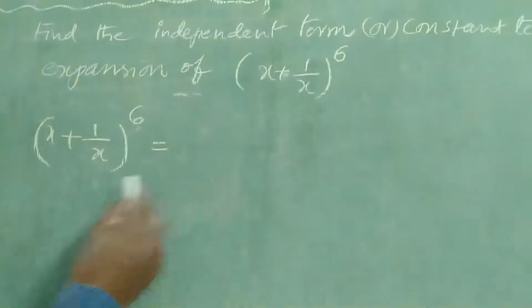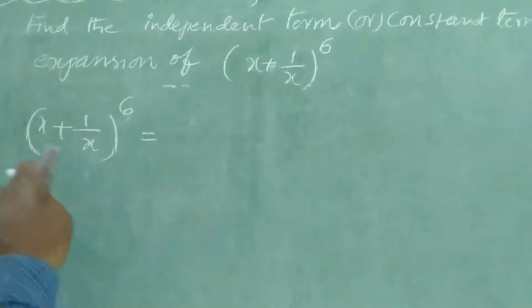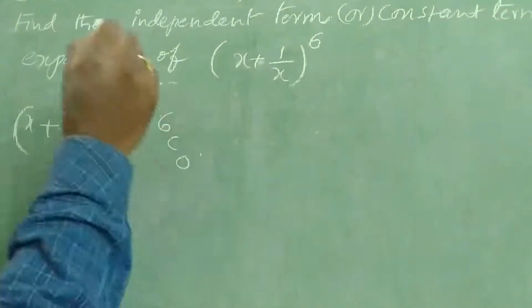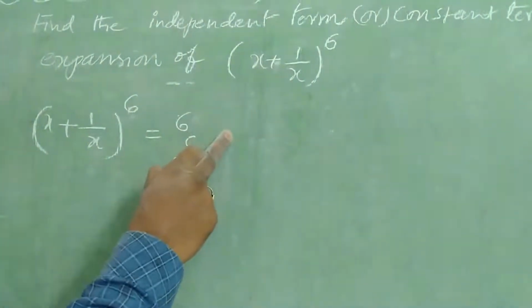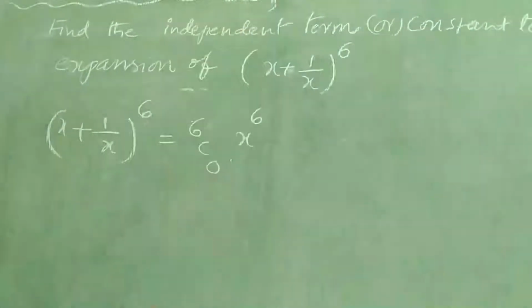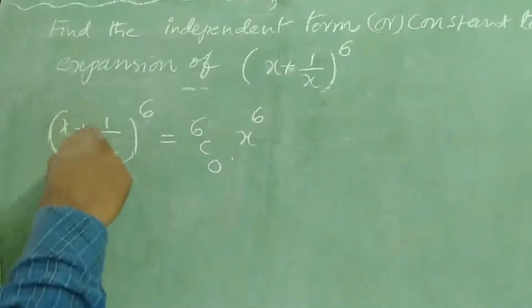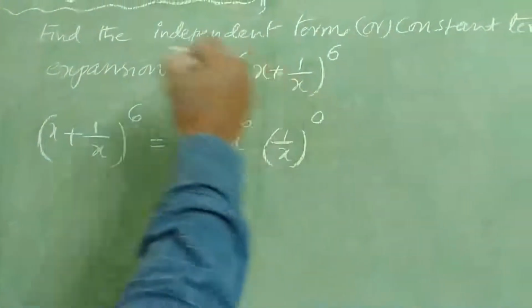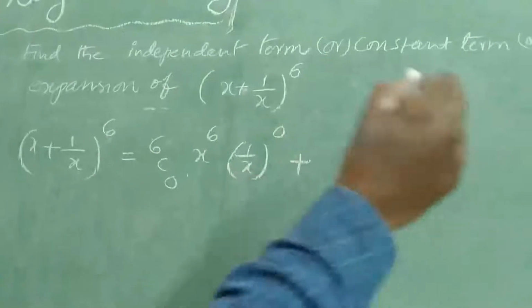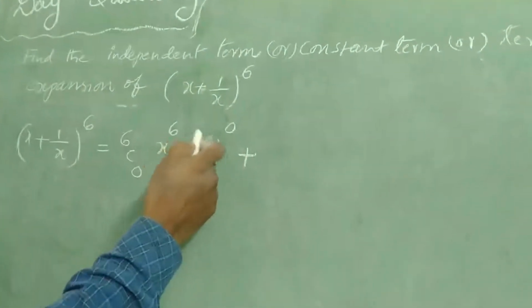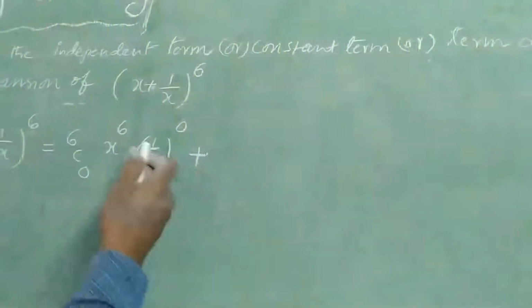Right. So what is binomial expansion? It begins with 6C0, and in the first term the exponent of x is equal to the exponent of the binomial, and the exponent of y, what is y here? 1 by x, the exponent of y is equal to 0. In the remaining terms the exponent of x consecutively decreases and the exponent of y consecutively increases.